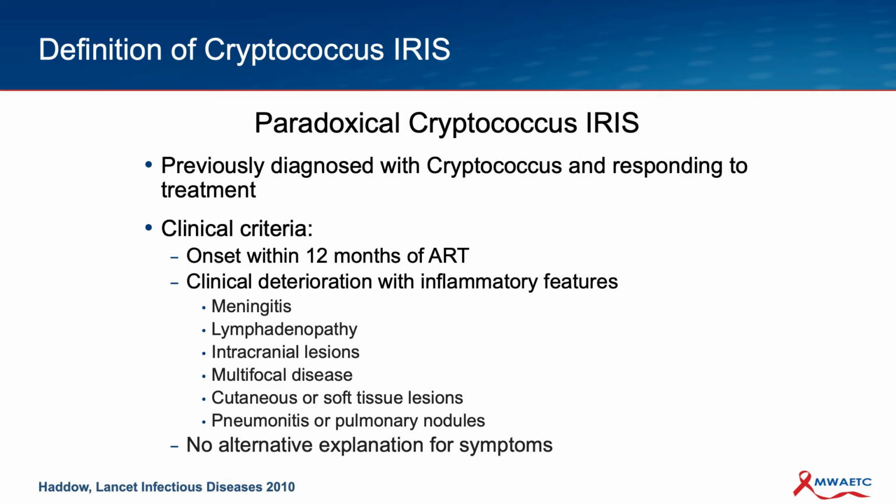And the inflammatory conditions are listed there: worsening meningitis, lymphadenopathy, new intracranial lesions, multifocal disease, and so forth. And also no alternative explanation for those symptoms. So previously diagnosed crypto, getting better, and then within 12 months of starting antiretroviral therapy, you get worse.